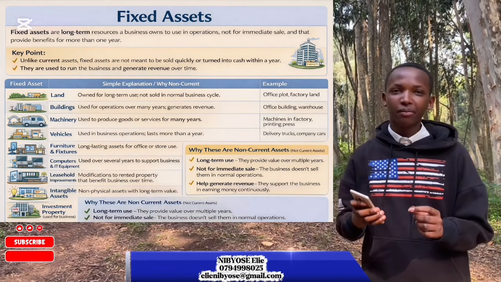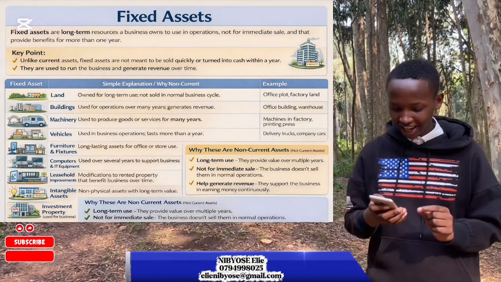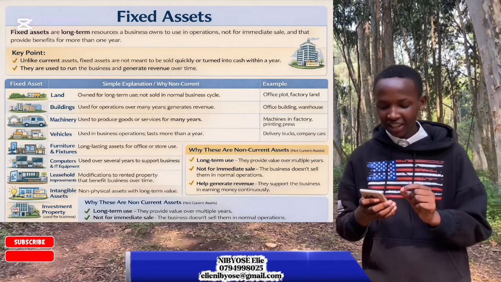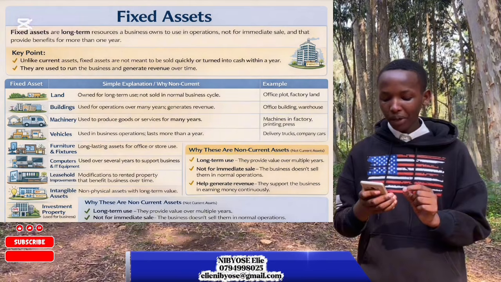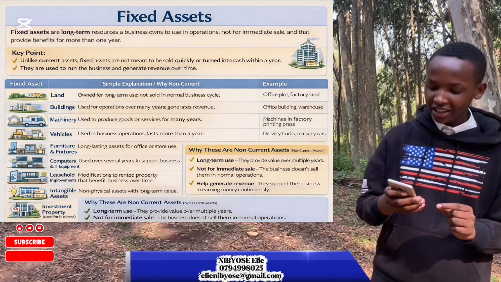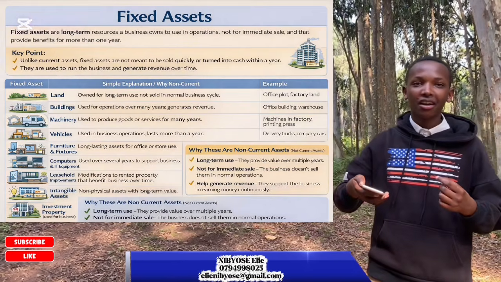All intangible assets are non-current assets. Another non-current asset is investment property used for business, for example, when we have an office building but rent it to others.